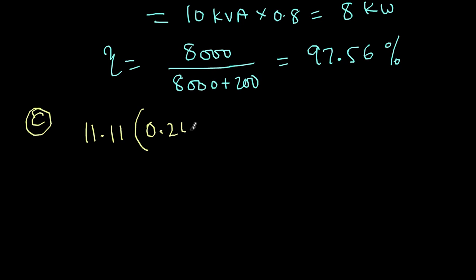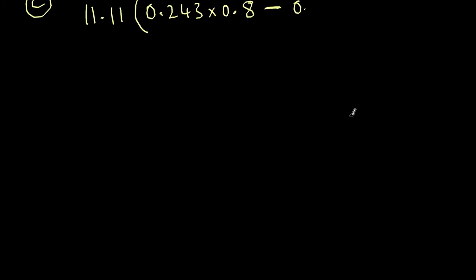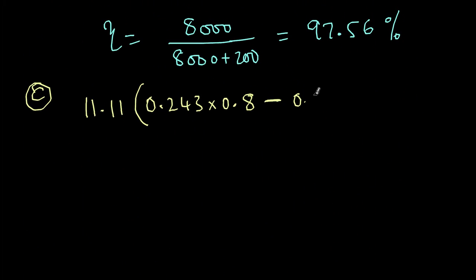R01 is 0.243 multiplied by power factor 0.8. Here I have to use a minus sign because the load is leading. And then what is X01? X01 is 0.36 multiplied by sine phi naught. If cos is 0.8, sine will be 0.6. So this is my voltage drop under half load.